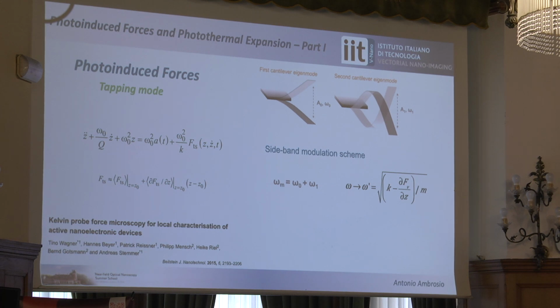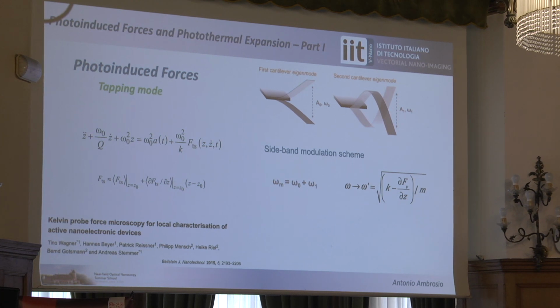It depends pretty much, again, on your sample, your tip, your illumination. Of course, if you have a polymer that is absorbing a lot at a specific wavelength, and has a relatively high thermal expansion coefficient with a low diffusion, most likely the thermal contribution is big.